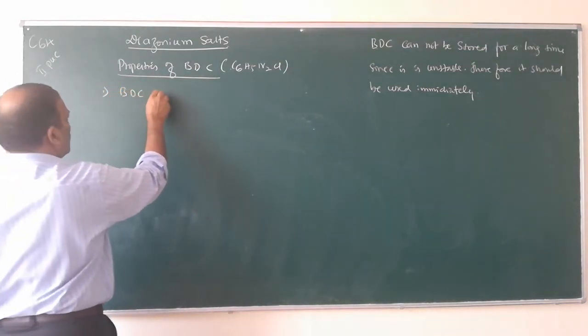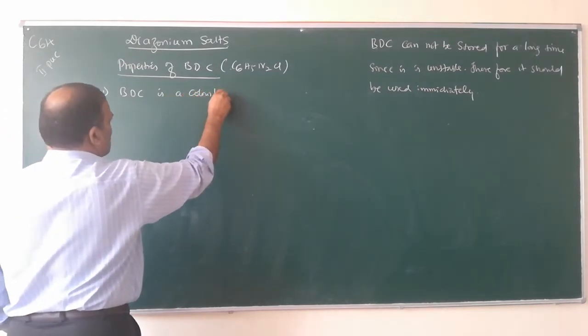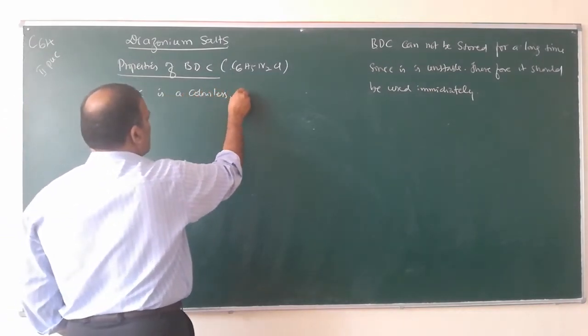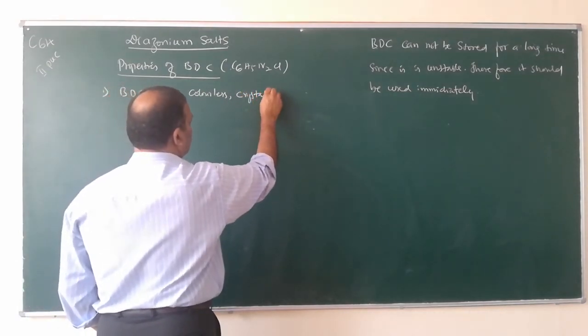Benzene diazonium chloride is a colorless crystalline solid.